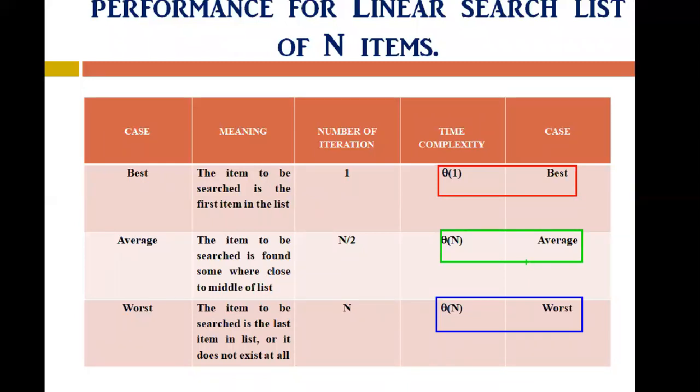So that is about the performance of linear search. Sometimes this performance is very poor if the element is present in the last position, or if the element is not present, then more comparisons need to be performed, so obviously time complexity will increase.